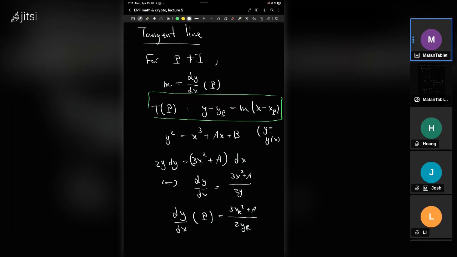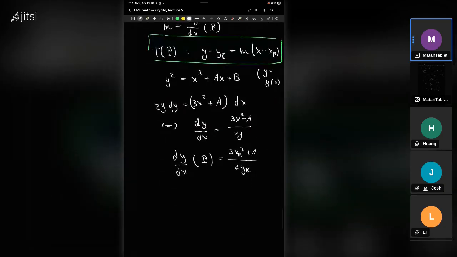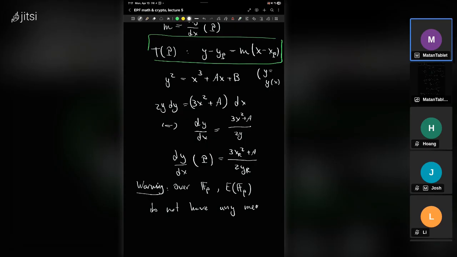And what I'd like to warn you about here is that, over a finite field F_p, the F_p points on a curve do not have any meaningful shape.